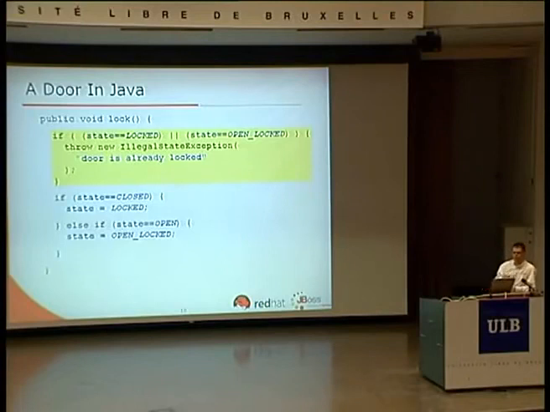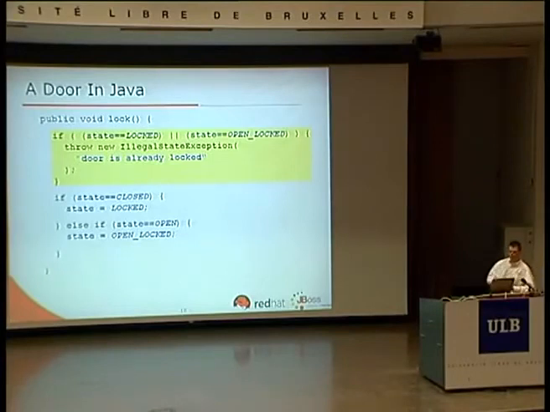When we modeled it as a Java class, we had to define the 4 methods as public. And these methods are always available. You can always call them, so you need to check whether it is actually allowed to call that method in the given state. So if the door is already locked, or if it's open and locked, then you can't lock it any further. So you check that and you throw an exception if there's a problem.